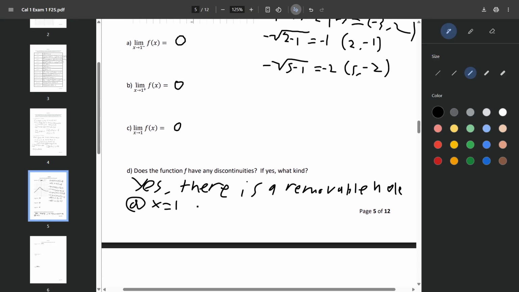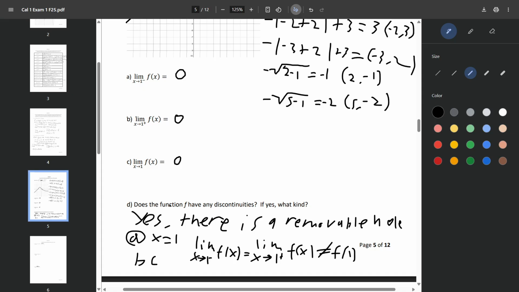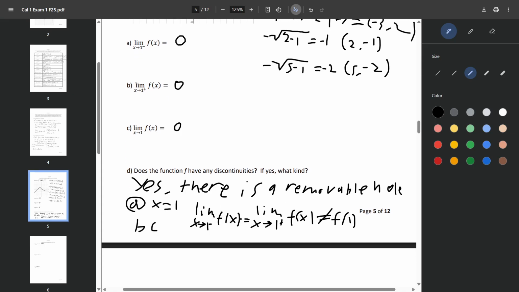So the way we can show it is to say limit of x approaching 1 from the left of f of x equals limit of x approaching 1 from the right of f of x, but it does not equal f of 1, because in order to have a continuous function, all these three have to be equal to the same value.